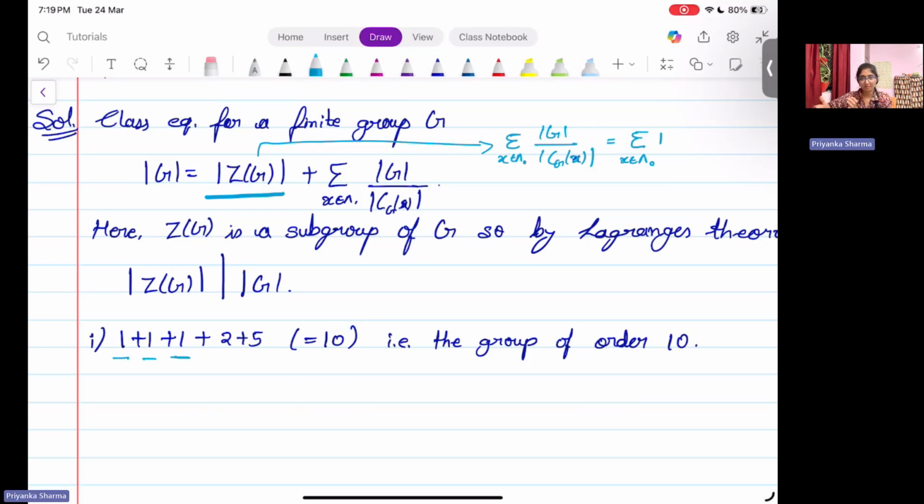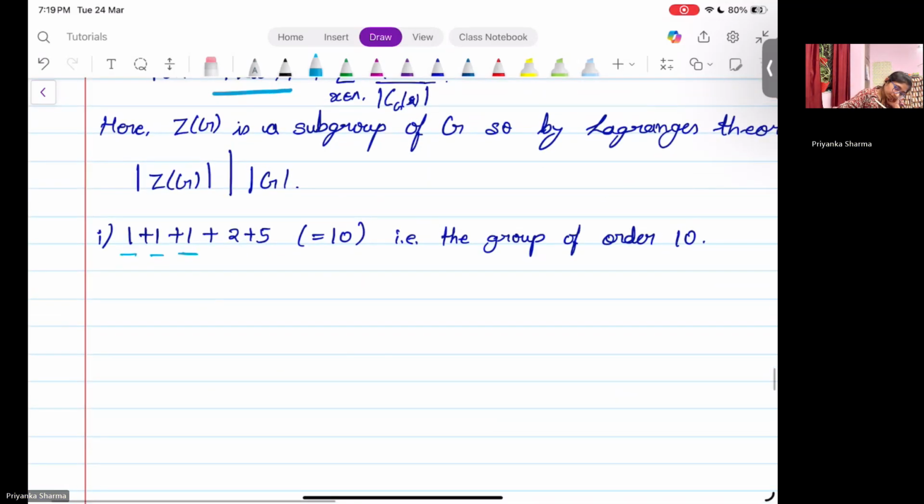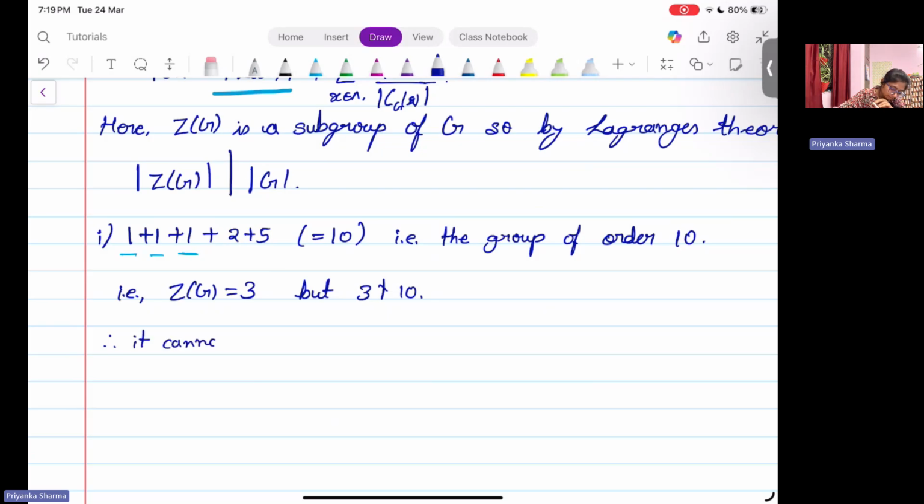The repetition of one will be the order of the center of G. So it means the center of G is 3. But can it be possible? No, as 3 doesn't divide 10. So it contradicts Lagrange's theorem. Therefore, it cannot be a class equation.